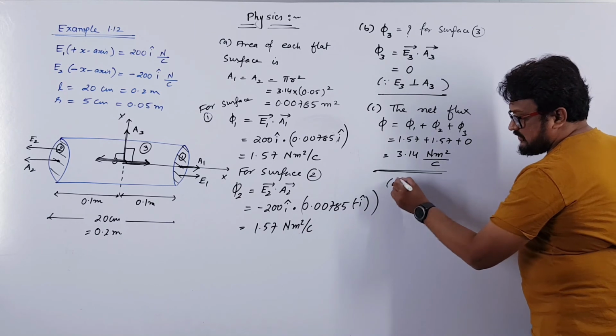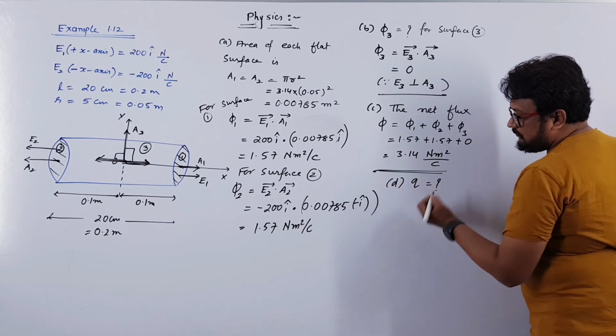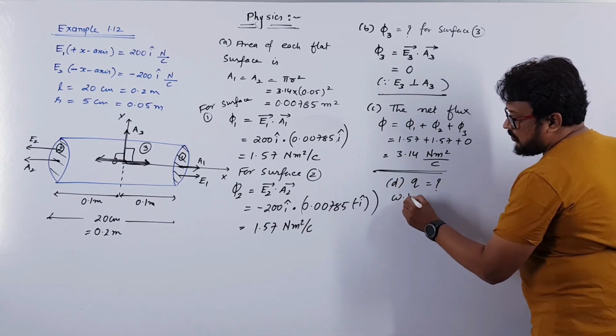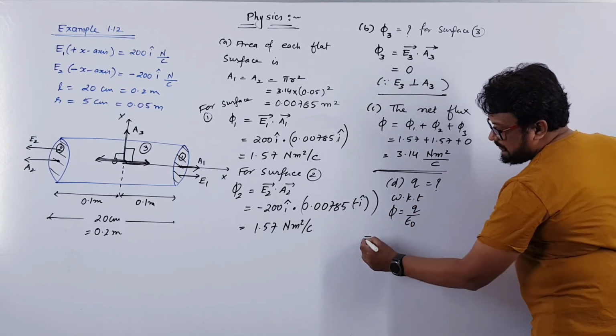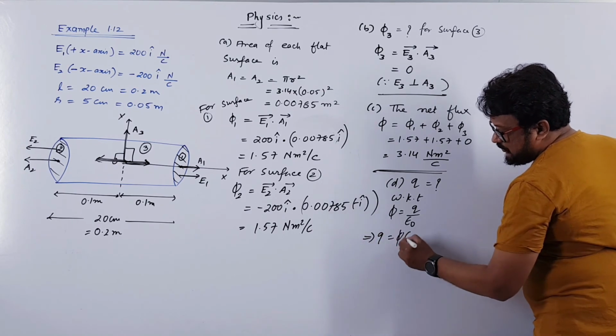And the last case is we have to find the net charge. As we have discussed, flux phi is equal to Q by epsilon naught, which implies that Q will be equal to phi into epsilon naught.